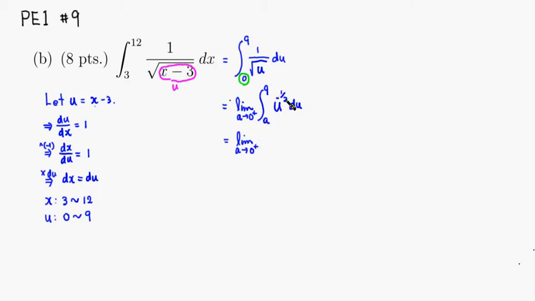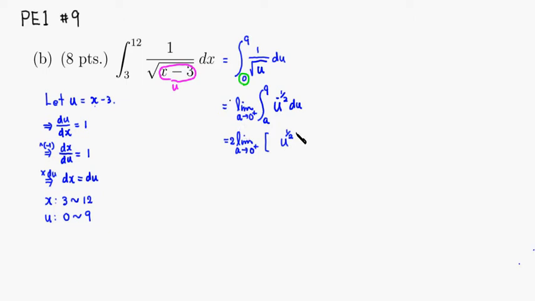The antiderivative of this would be: add 1 to the power, so u to the negative 1/2 plus 1 is positive 1/2, divided by 1/2 is equivalent to multiplying by 2. So instead of having a 2 here, I'm going to put the 2 in front, since it's just a constant.